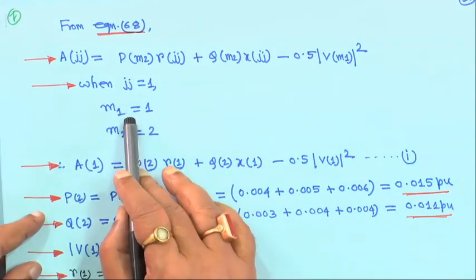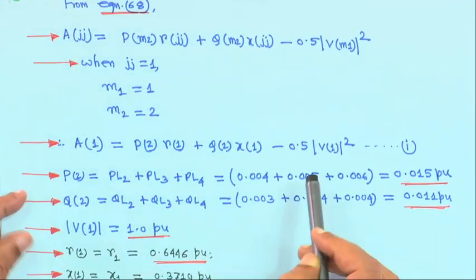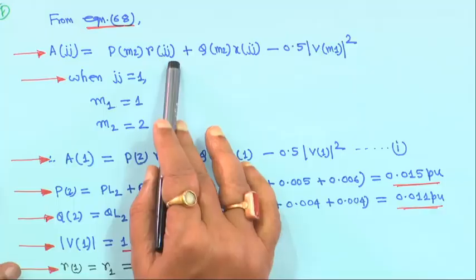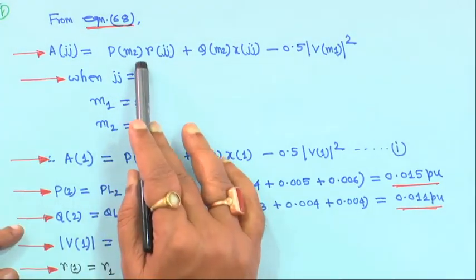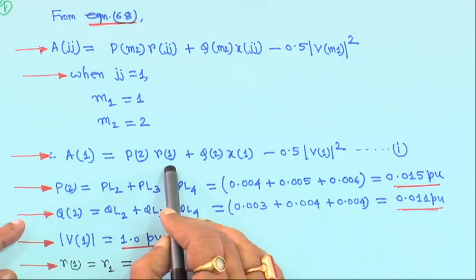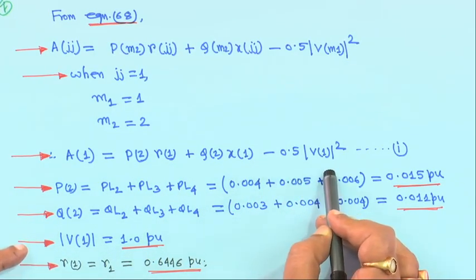When jj is equal to 1, M1 is 1 and M2 is 2. That means A1 is equal to P2 R1 plus Q2 X1 minus 0.5 magnitude V1 square.